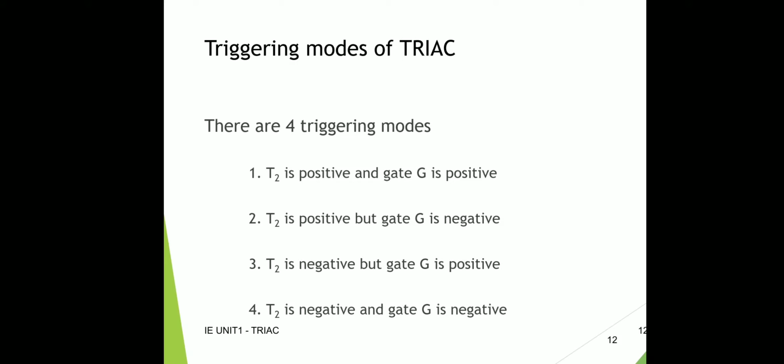Mode 3: T2 is negative but the gate is positive. And the fourth: both are negative, T2 negative and gate negative. We will see how the device operates in all these four modes.